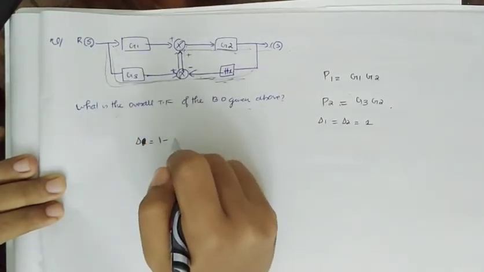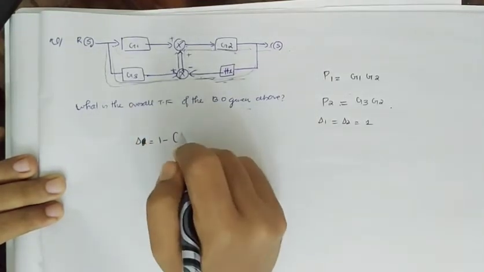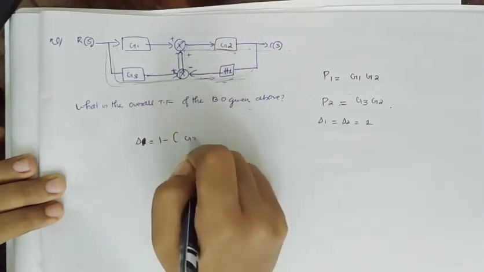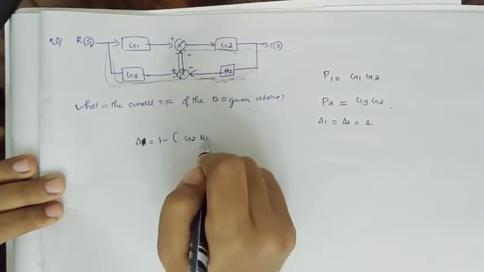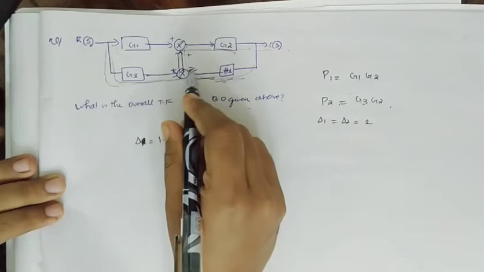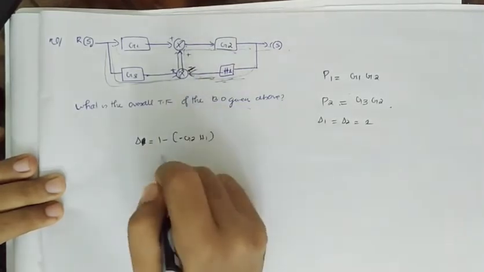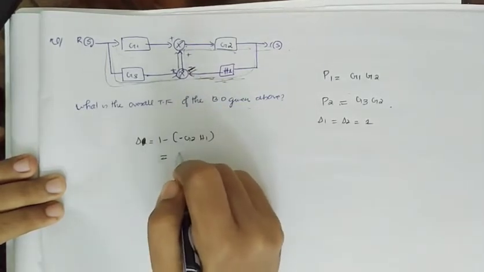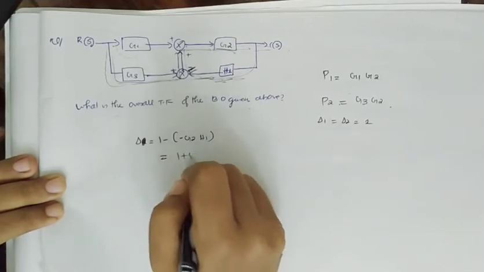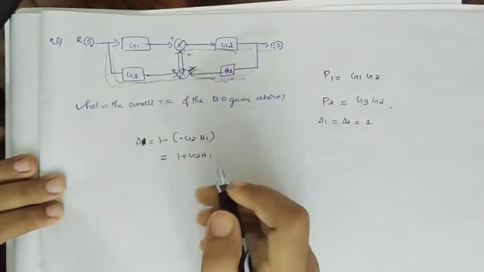Delta is equal to 1 minus the sum of individual loop gains. The individual loop gain is equal to G2 into H1. It is negative, so you should take the sign minus. And that is equal to 1 plus G2 H1.